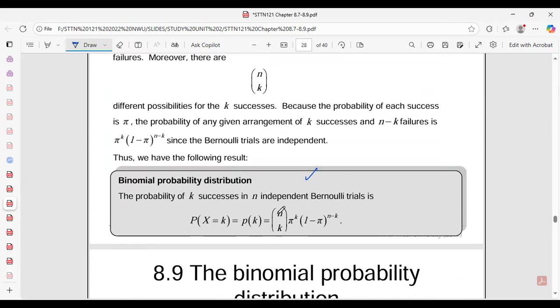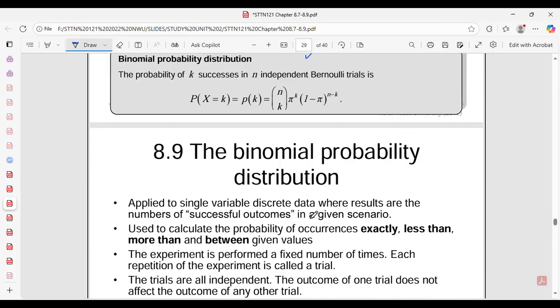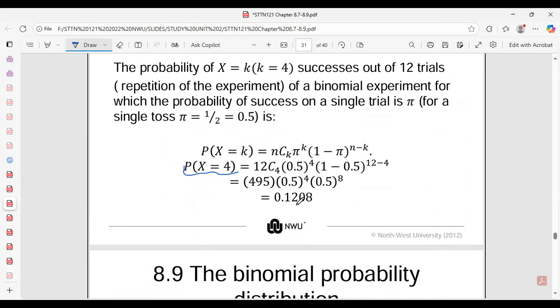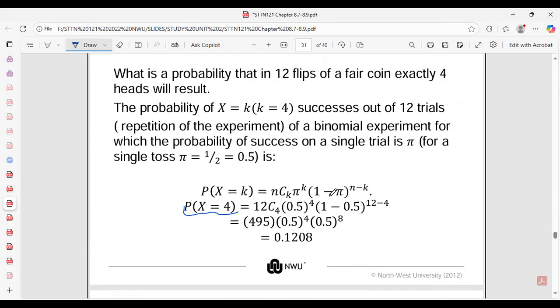So it's going to be combination 4, into 0.5, because they told you it's a fair coin, the 4 successes out of 12, which for a single toss is 1 out of 2.